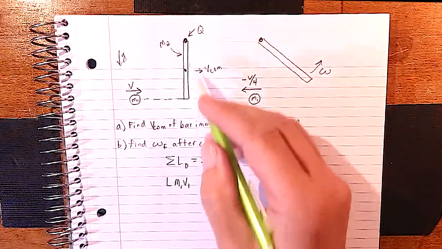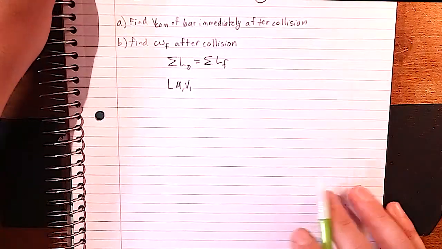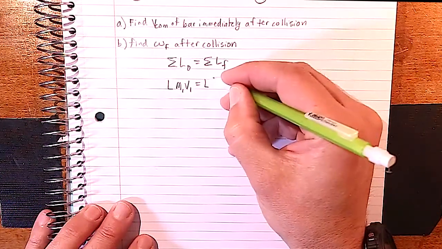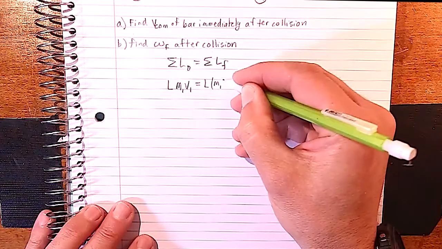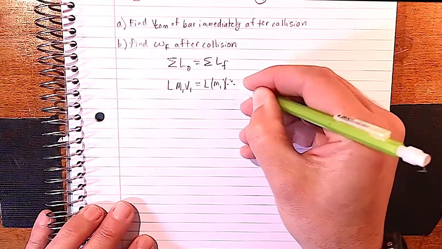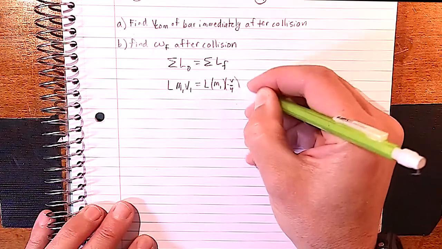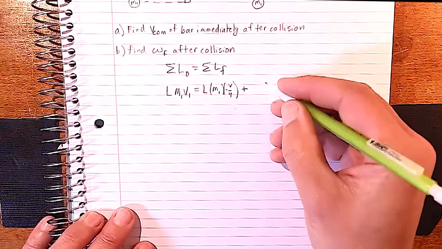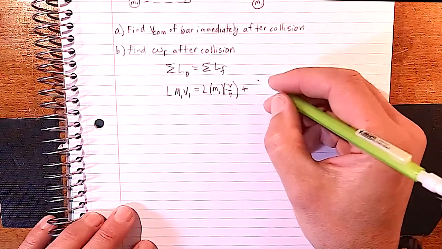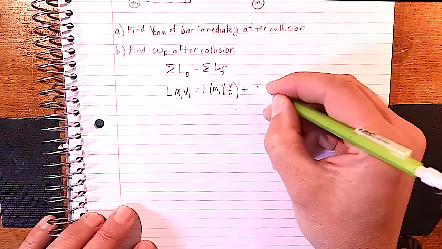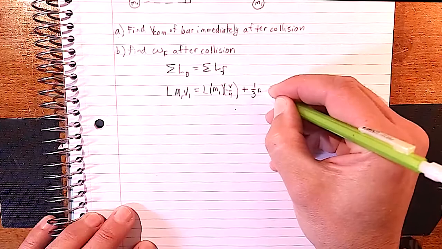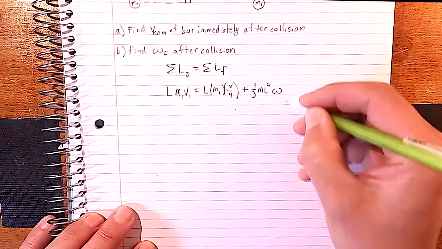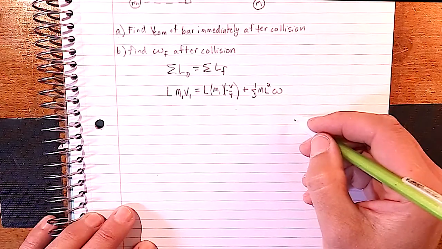Well, it's hitting it the length of the bar away, so that's our r in this case, is equal to, and then we have L, and then that's going to be m1 times minus v/4, because that's the speed that it's coming back at, also at length L. And then we have plus the I omega of the bar. Now, a bar spinning about its end has I equal to 1/3 ml squared. So 1/3 ml squared, and then that's times our omega, which is what we're looking for.